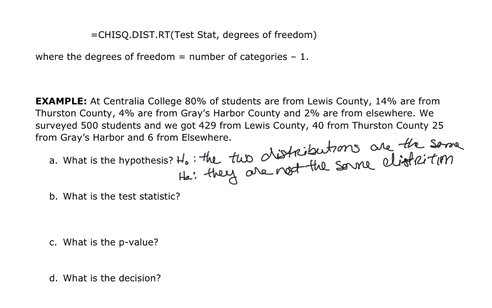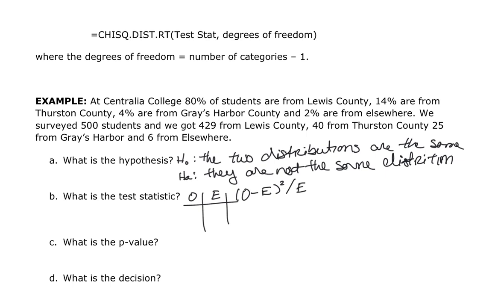Okay, the test statistic. For my test statistic, I'm going to show you on a spreadsheet. I would take the observed, take the expected, and then find that difference. I might put in a difference column, or I might just say that to find my test statistic, it's going to be my observed minus my expected, the quantity squared, divided by my expected.